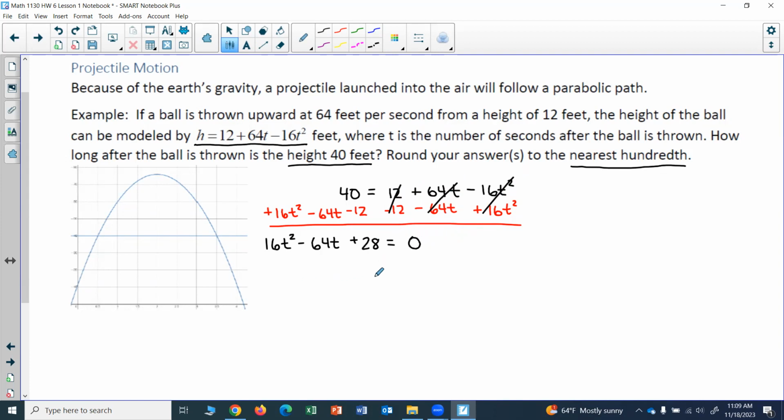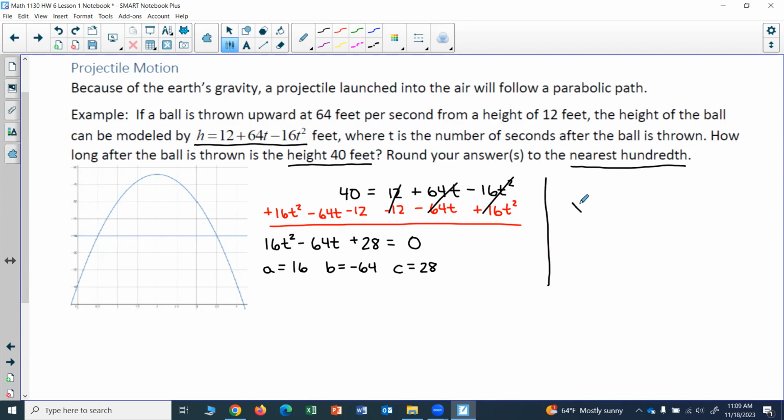So now, whether I'm trying to factor or use the quadratic formula, I can identify my a, b, and c. I'm going to use the quadratic formula just because we have that large number in front of the t squared term. So I'll say a is 16, b is negative 64, and c is positive 28. Now let me remind you of the quadratic formula.